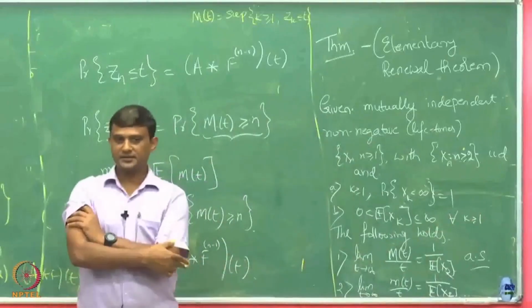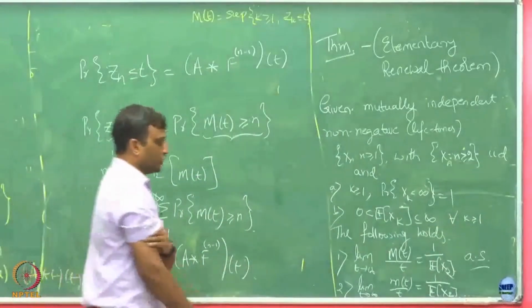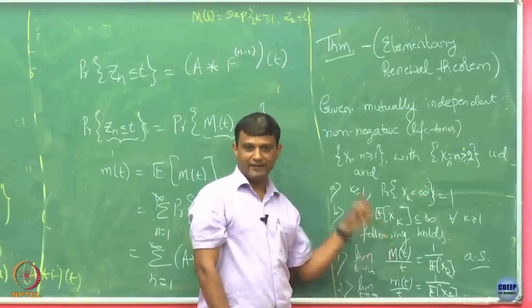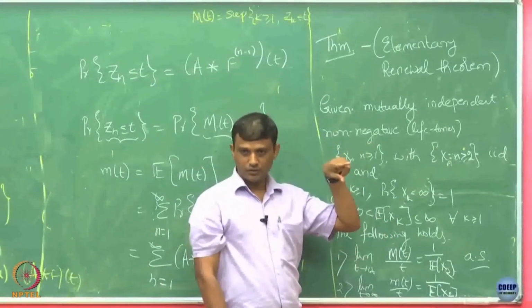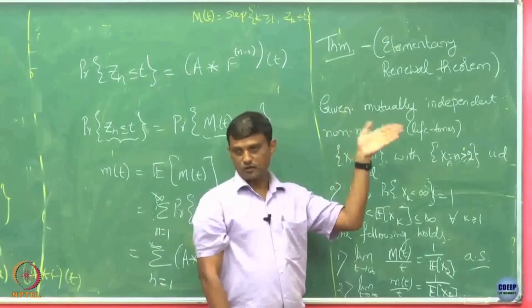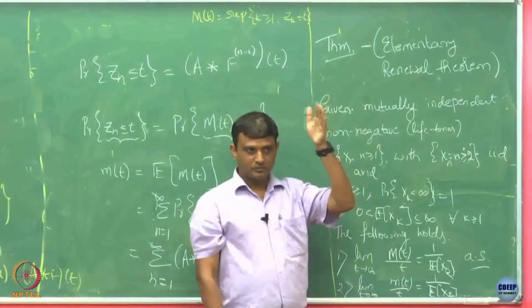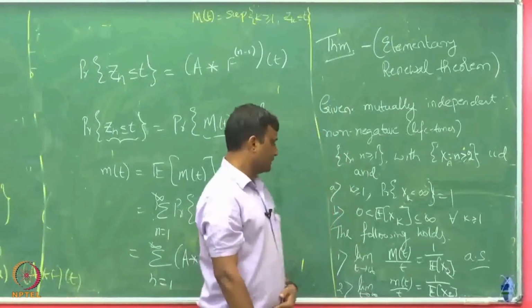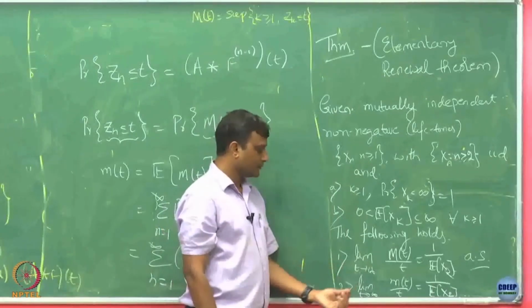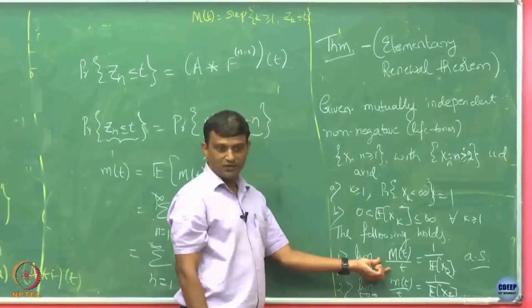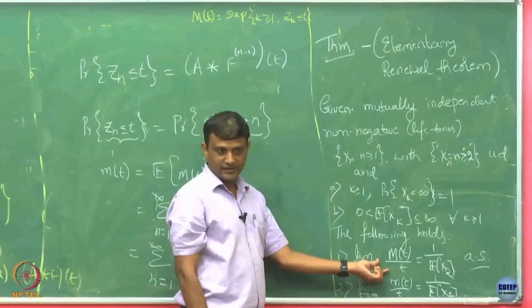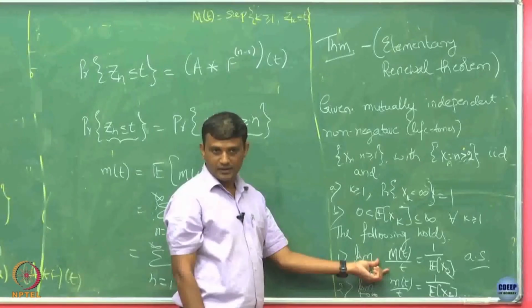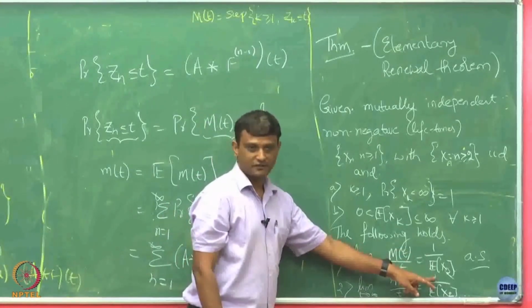If this happens, notice that the expectation of Xk is the same for all k greater than or equal to 2. Expectation of X1 could be different from expectation of X2, but expectation of X2, X3 and all others are going to be the same. Now it says that the mean number of renewals in the interval 0 to t, divided by t, as t goes to infinity is 1 by expectation of X2.